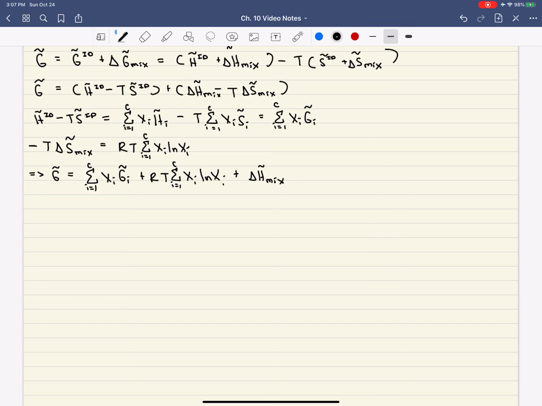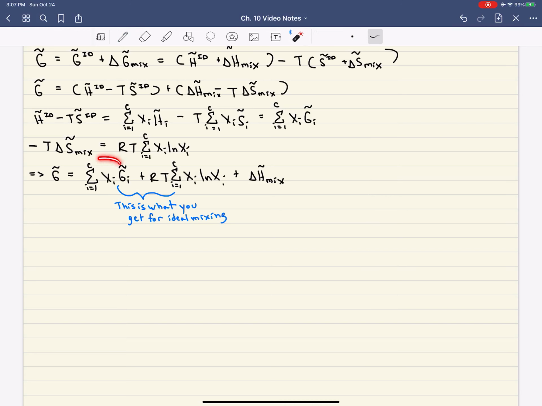Okay, and so we could group these terms into different categories. All right, and so for the first two terms here, this is what you would get for ideal mixing, if you will, right?